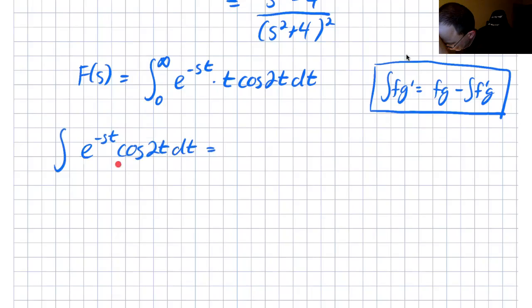So this will be my f, and this will be g. So the integral of that is sine 2t, and then 1/2. Oh wait, what am I thinking? Integral of e to the negative, yeah, this. And then f.